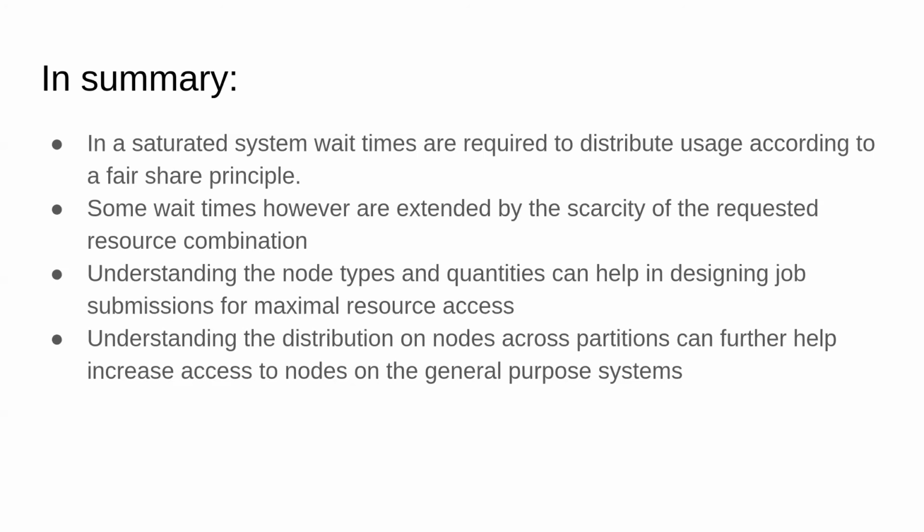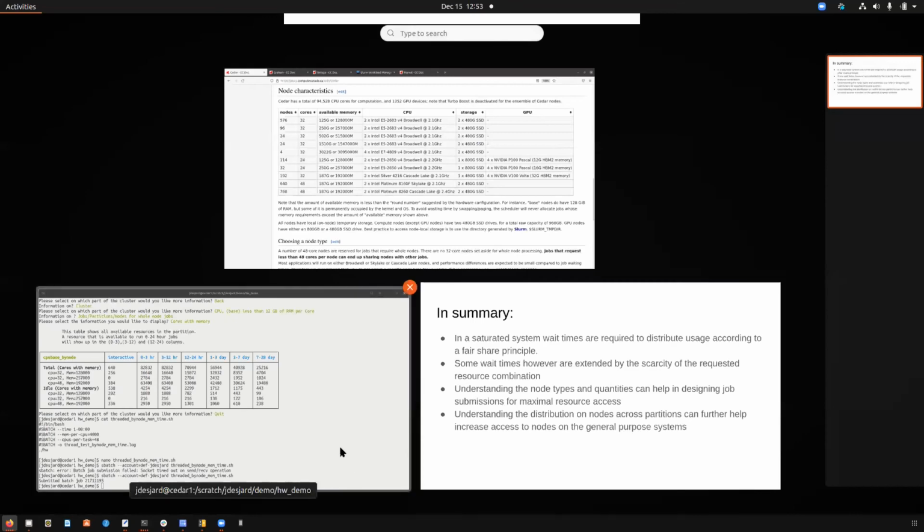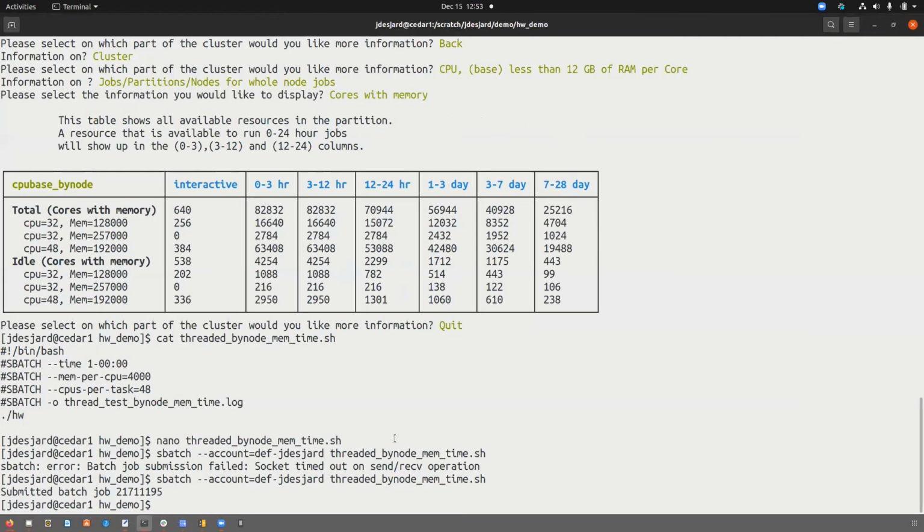So it's important that understanding the types and the quantities of nodes can help in designing job submissions for maximum resource access, as well as understanding the distribution of nodes across partitions and how the job shape will impact the number of resources the job has access to.